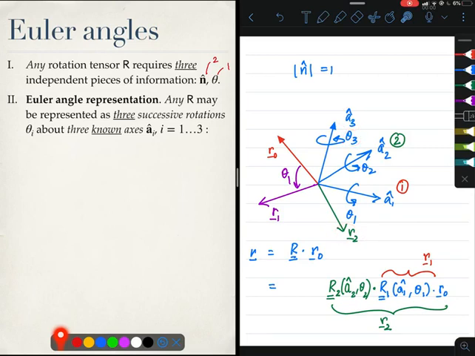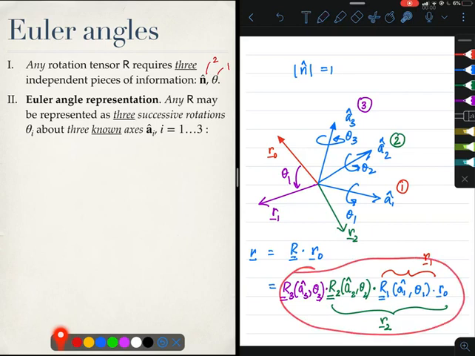Let's write that out in another color, maybe I'll use pink. So I will rotate by R3 about a3 by the amount theta 3. And this equals r. So what is capital R equal to?